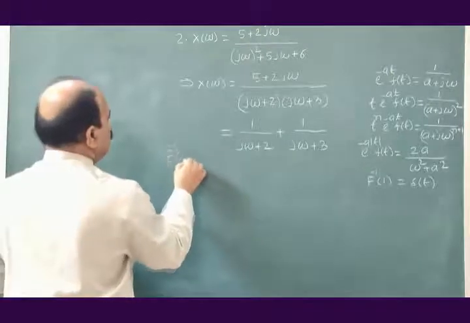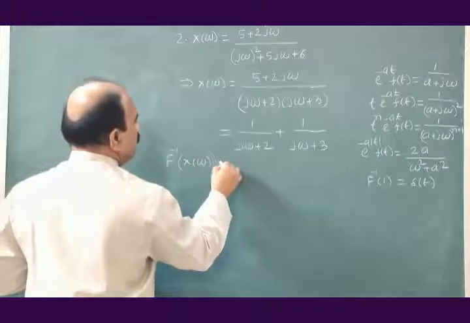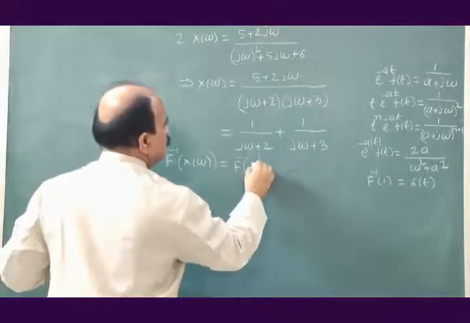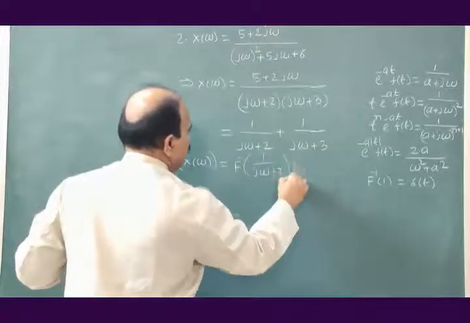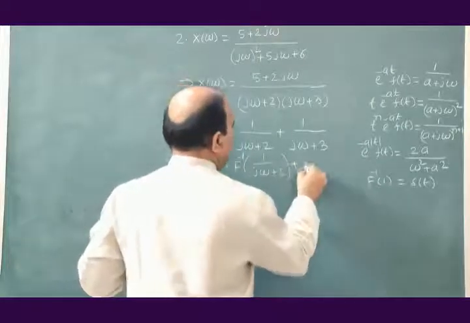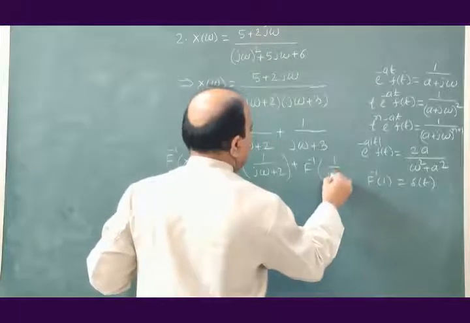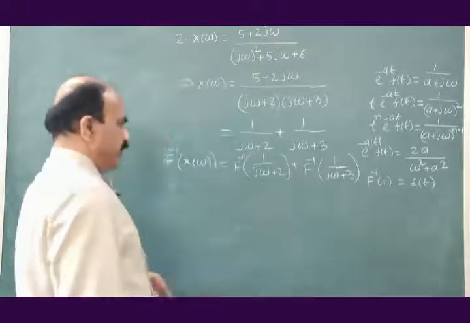F inverse of X of omega is equal to F inverse of 1 divided by j omega plus 2 plus F inverse of 1 divided by j omega plus 3.